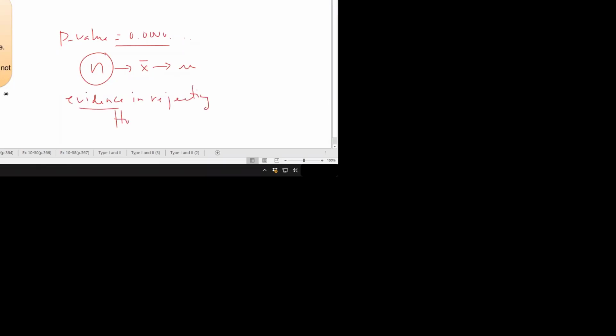So once again, the p-value is a measure of the strength of evidence that you have in rejecting the null hypothesis. As your p-value gets a little bit bigger, from 0.001 to 0.01 to 0.05, look at the description of the evidence. 0.05 is considered strong, 0.1 is considered some evidence.